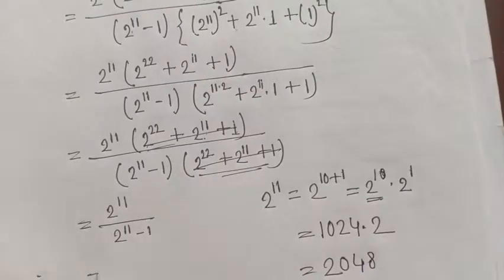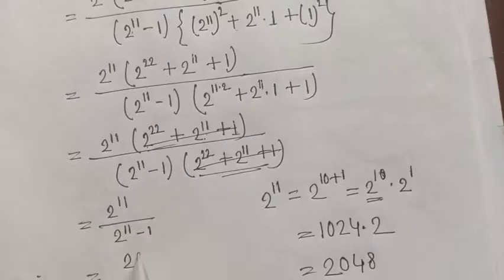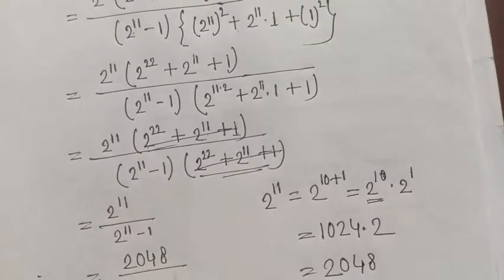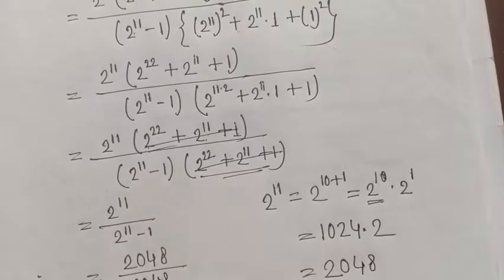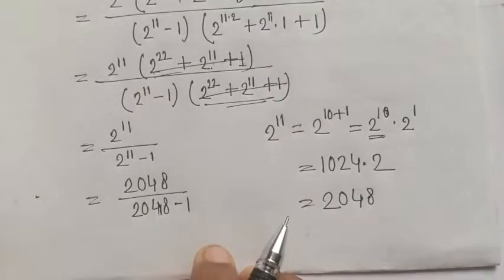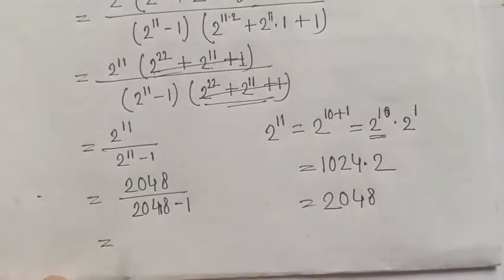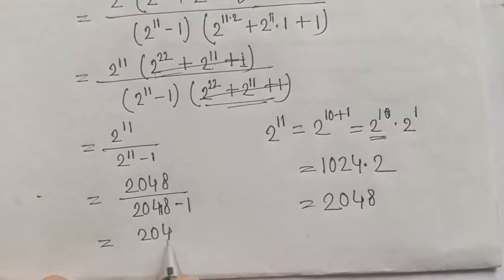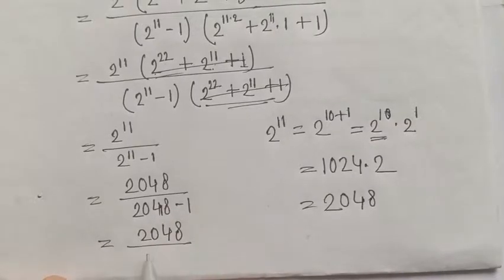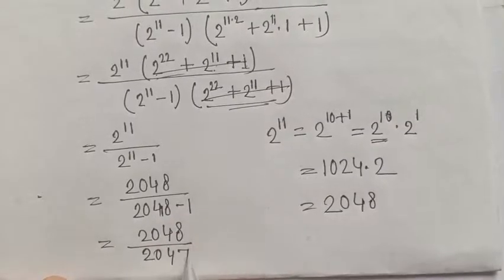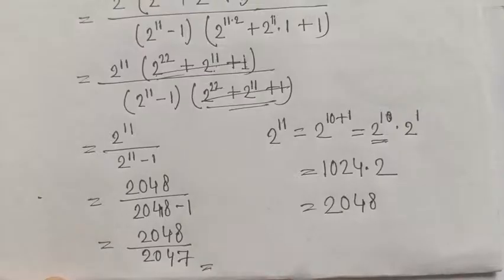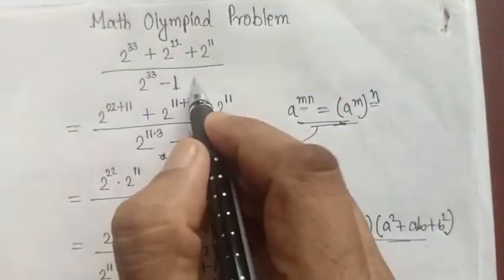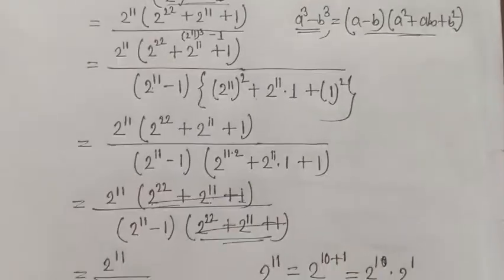Hence the value will be 2024 by 2024 minus 1, that is 2024 by 2027. Hence the expression of this one, the value will be this one.